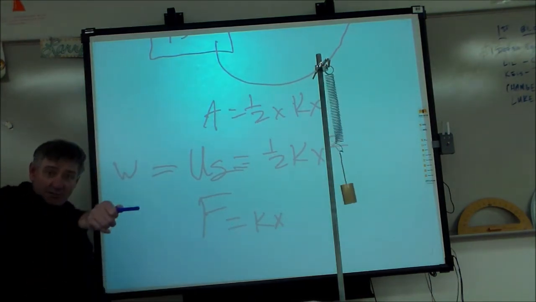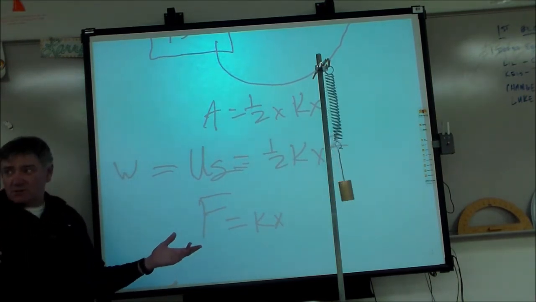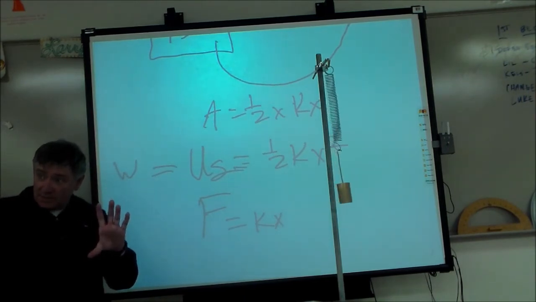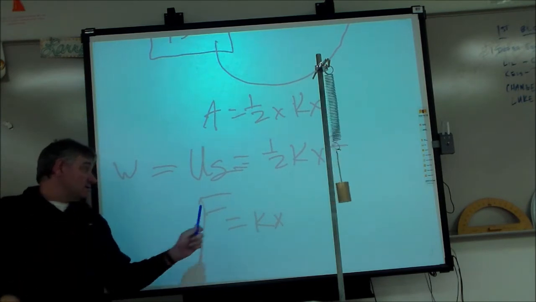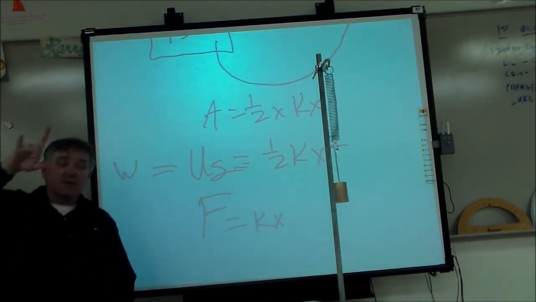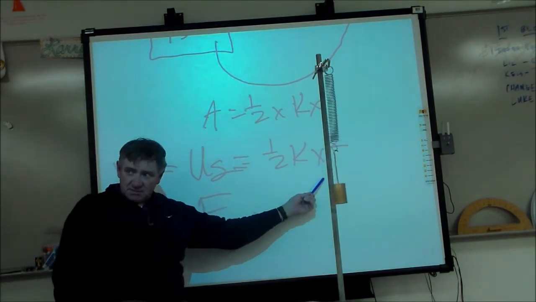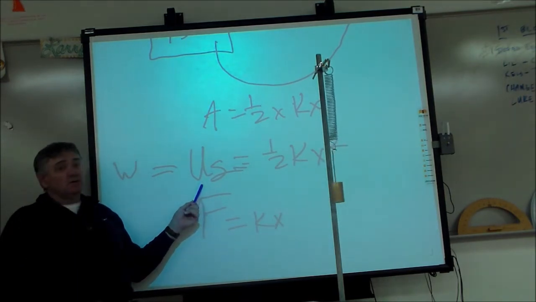So if that was the elongation with 0.2 kilograms, which is about 2 newtons, if I put 0.4 kilograms on there, that should stretch twice as far. So force and elongation is a straight linear relationship. But if I double the distance, what's that do to the amount of energy that I store?